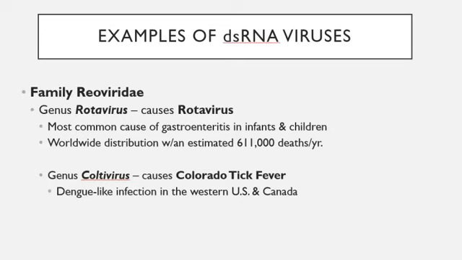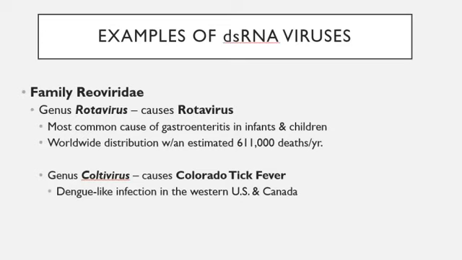Next are examples of double-stranded RNA viruses. The Reoviridae family falls under this category. The genus Rotavirus is a common cause of gastroenteritis in infants and children. The distribution is worldwide with an estimated 611,000 deaths per year.